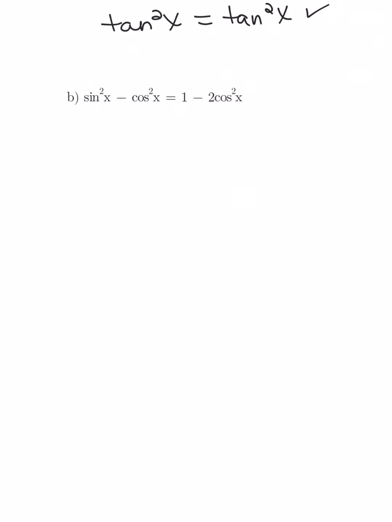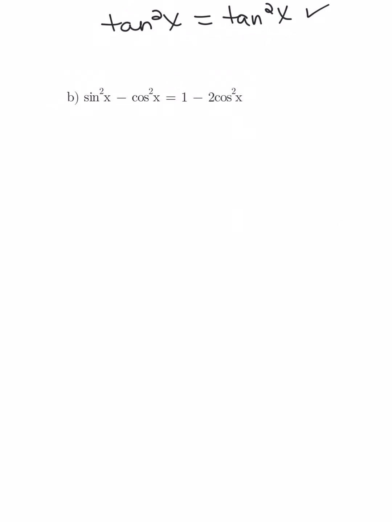On example B, we are trying to prove that sine squared of x minus cosine squared of x equals 1 minus 2 cosine squared of x. On this one, I wouldn't necessarily say that one side is more complicated than the other. But when I look at the right side, the only function on the right side is a cosine squared.